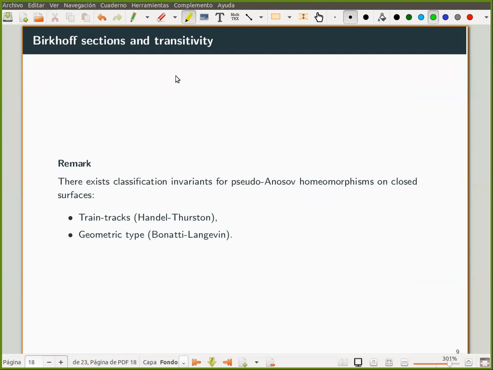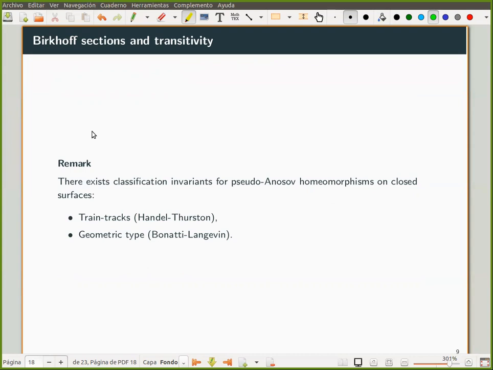We want to remark as well that there exist some classification invariants for pseudo-Anosov homeomorphisms on closed surfaces. For example, the theory of train tracks, mainly due to Handel and Thurston, or the theory of the geometric type due to Bonatti and Langevin.